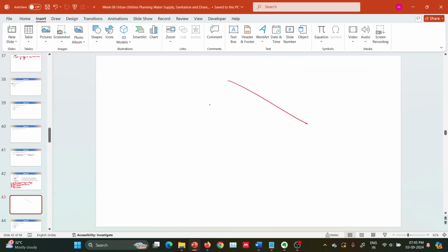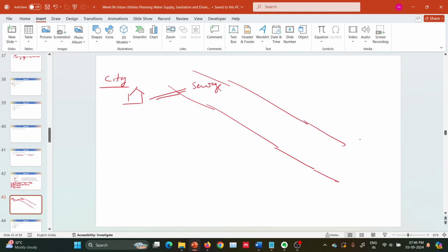Suppose this is the river. If this is the city, there is a city here. The city is discharging the sewage. Naturally the sewage will be treated.